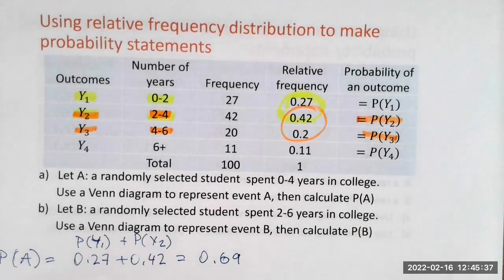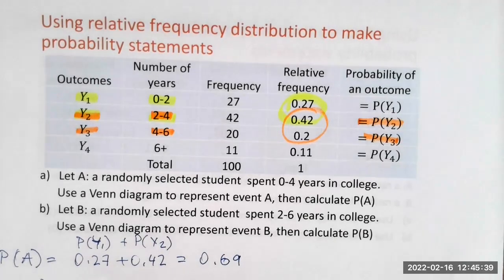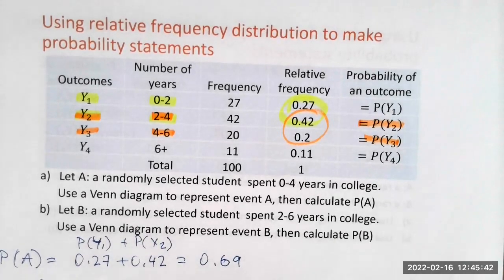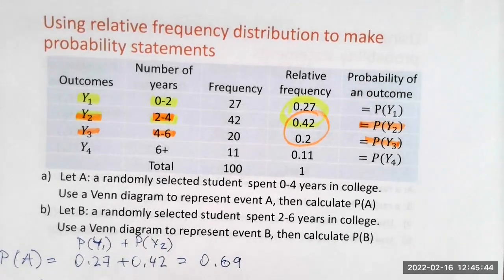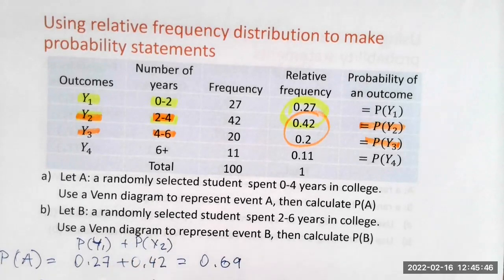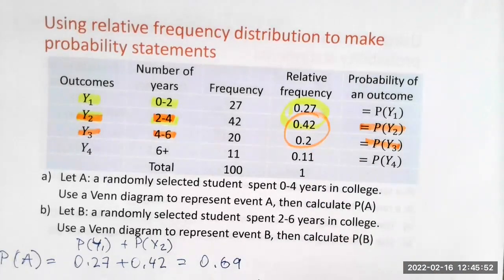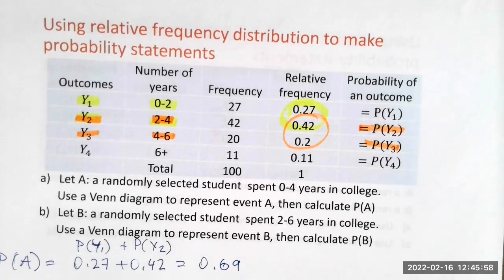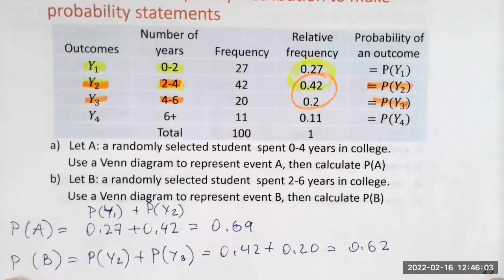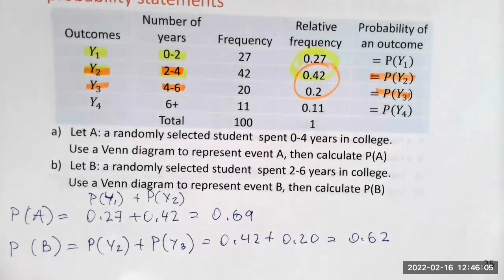So the probability of event B would be the probability of outcome Y2 plus the probability of outcome Y3, which are 0.42 and 0.20. So we're going to have 0.62.